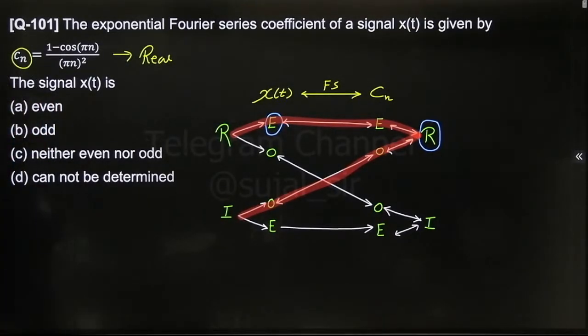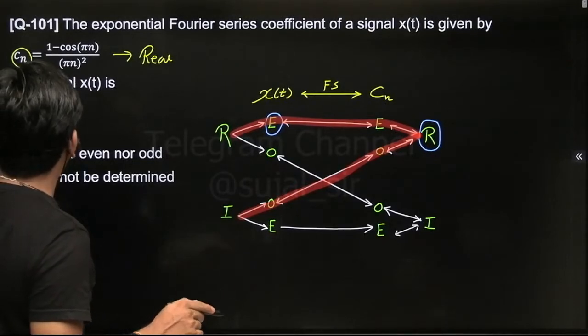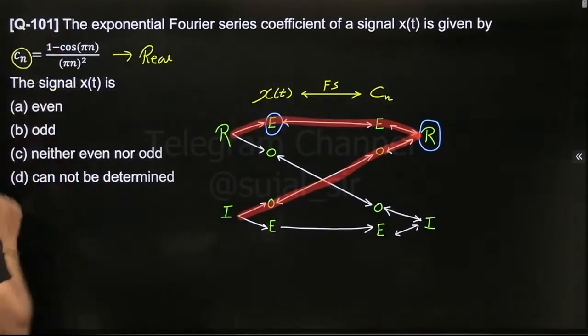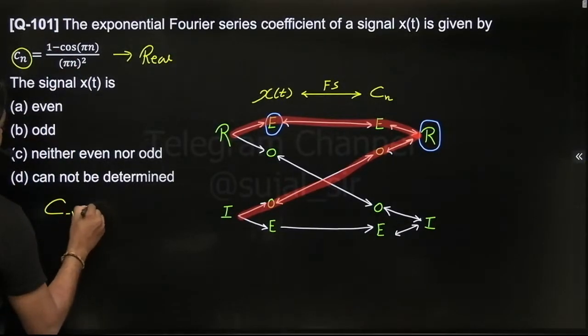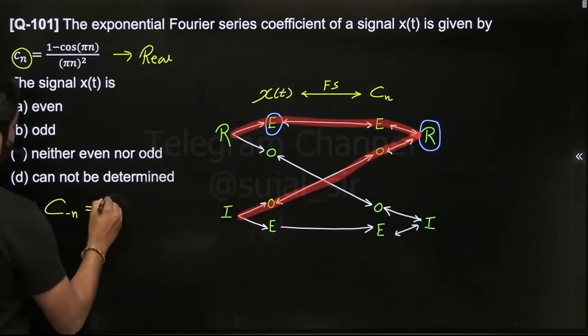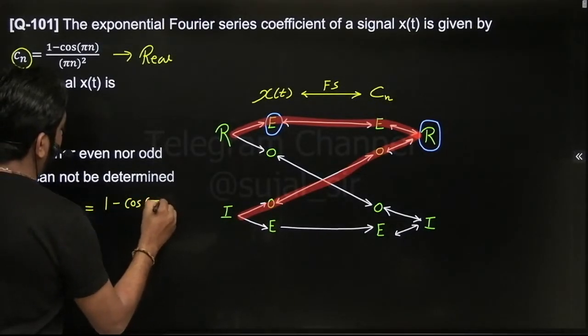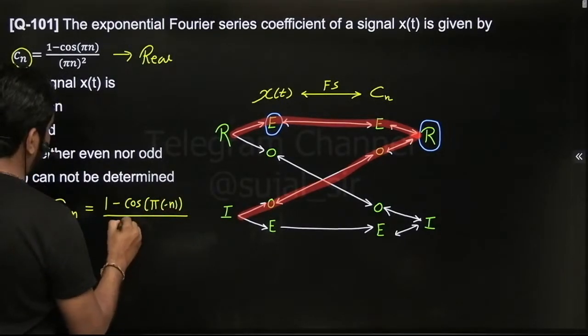So x of t can be real and even. Now the most important part: Cn is real, and you have to check whether Cn is odd or even. C minus n is equal to 1 minus cos of pi into minus n, divided by pi into minus n whole square.